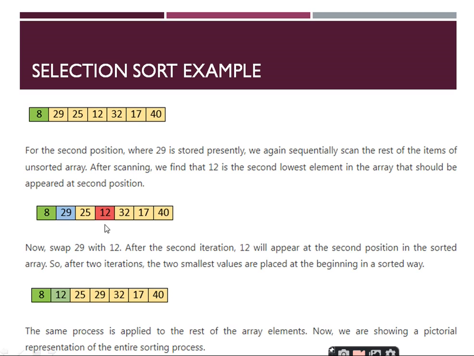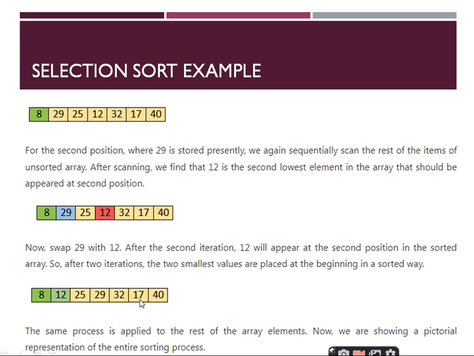Now after swapping, 29 goes here and 12 comes after 8. This part becomes the sorted part, and the rest of the elements belong to the unsorted part. In the next iteration, we begin here and scan for the next smallest element.